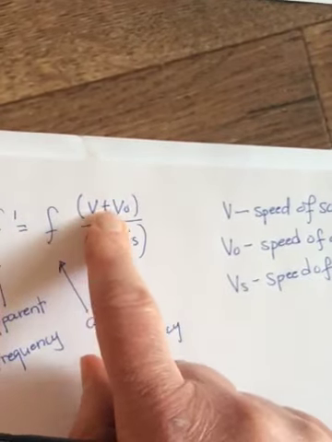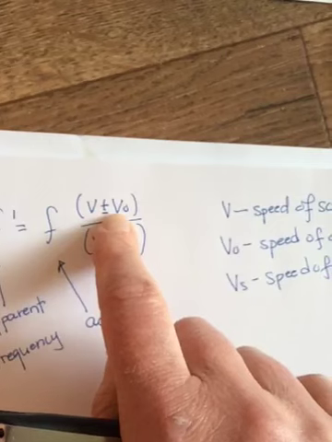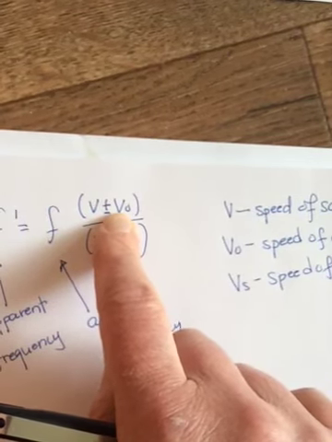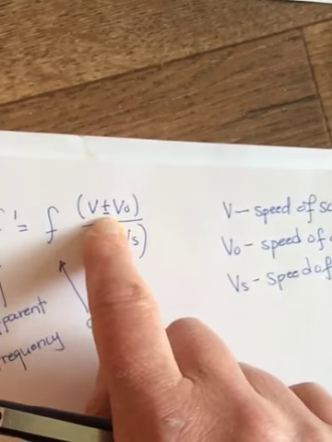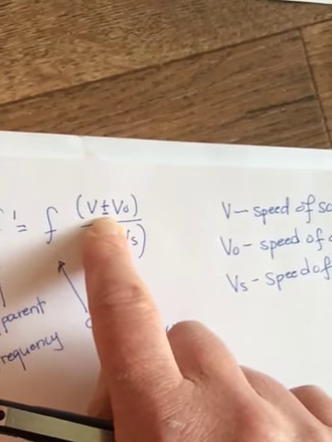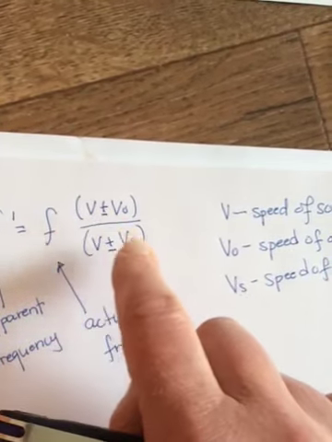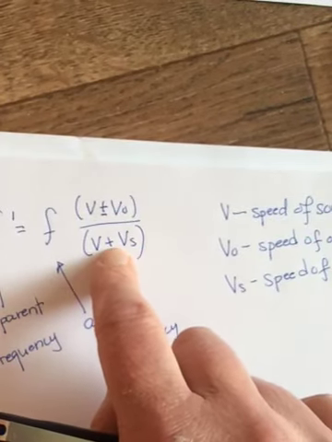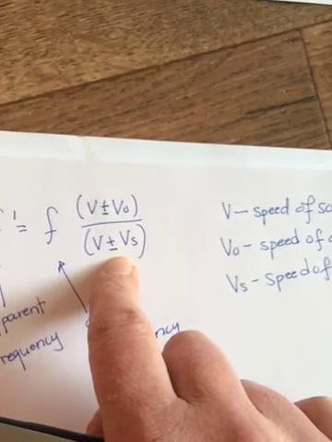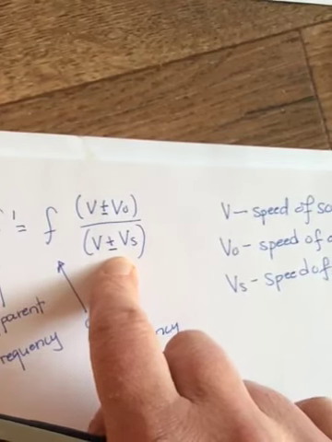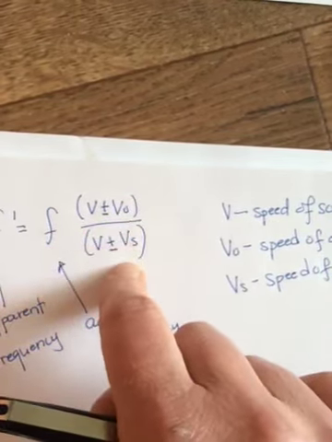Let me back up and do it the other way. For the observer, if it's approaching the source, you use a positive value. If it's going away from the source, called receding, you use the negative value. For the source, you use the positive value if it's approaching the observer, and the negative value if it's going away from the observer. So the same rules apply.